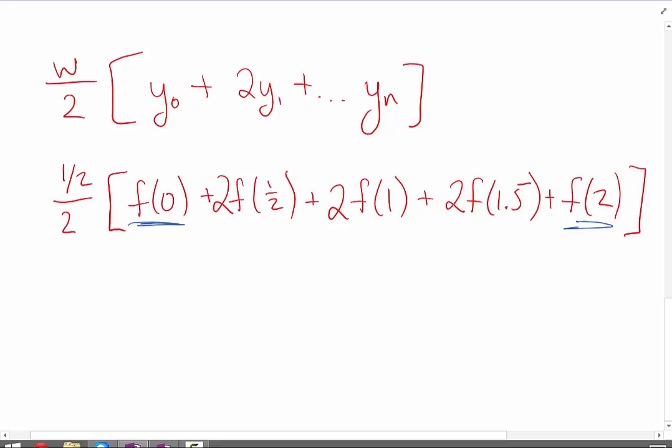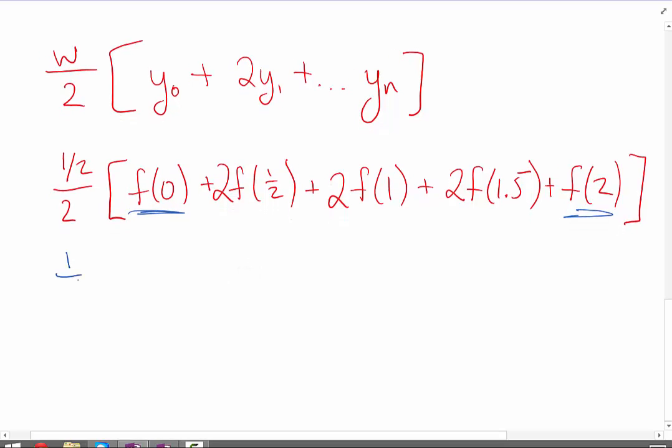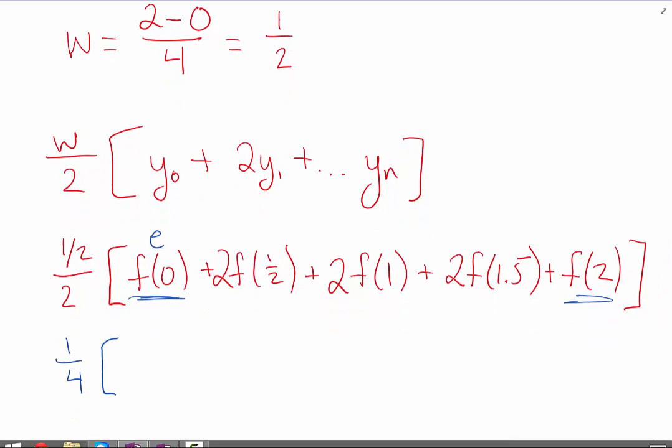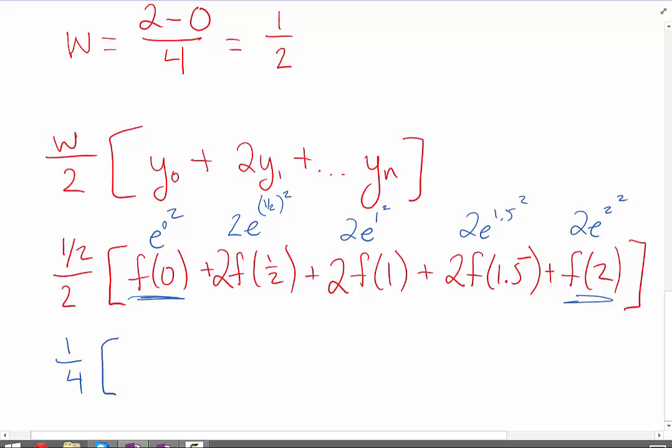So (1/2) over 2 is 1/4 times, then we're going to plug these all in. So that's e to the, it was e to the x squared. So that's e to the 0 squared, 2e to the (1/2) squared, 2e to the 1 squared, 2e to the 1.5 squared, 2e to the 2 squared.